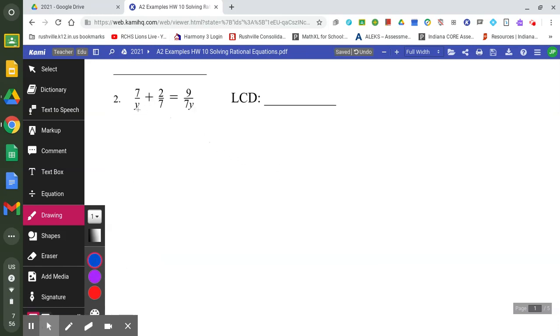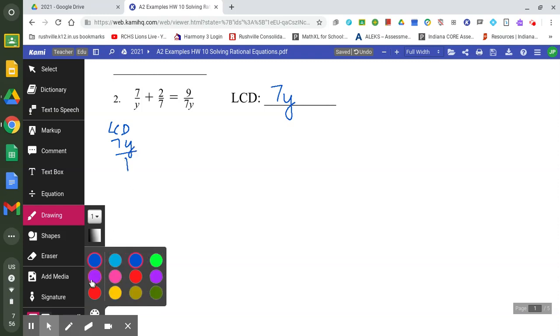Now on number 2, I have a y on bottom, a 7 on bottom, and a 7y. Well, if I use the least common denominator of 7y, y goes into 7y, 7 goes into 7y, and 7y goes into 7y. So I'm going to take my least common denominator of 7y over 1.